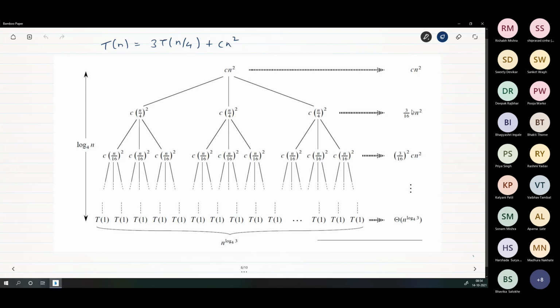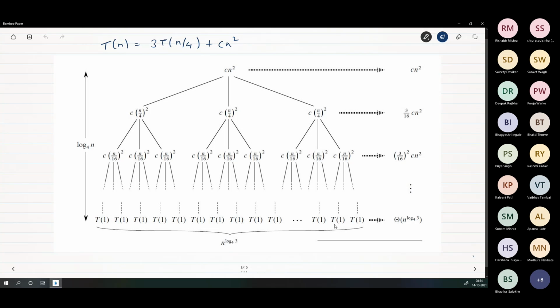So if you simplify, this is actually 3 by 16 whole squared c times n squared. If you keep doing this, you will branch out and get t of 1, t of 1, t of 1, all those things. But now how many times do you have t of 1?